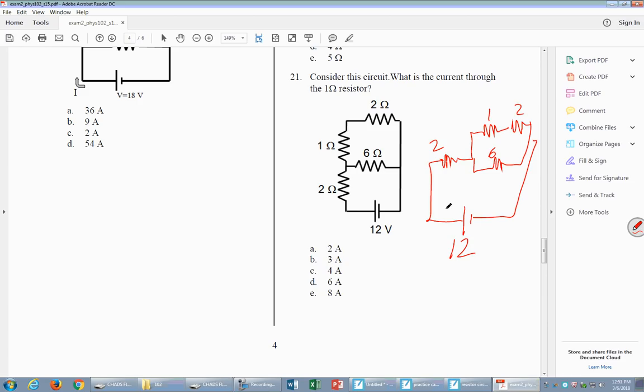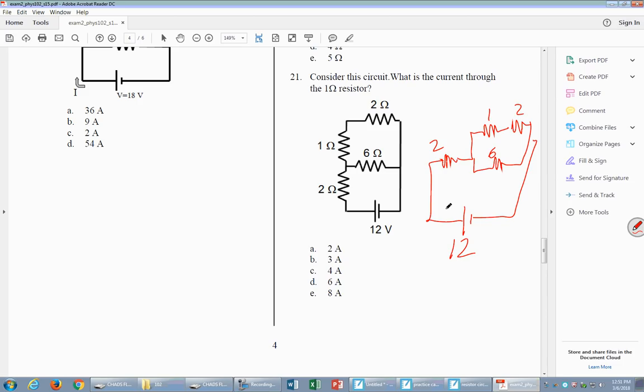So what's going to be the voltage here? This equivalent is 2 ohms. So I have a 2 ohm and a 2 ohm in series. And so the voltage across each of these is going to be 6 volts here, and then 6 volts across this whole thing.